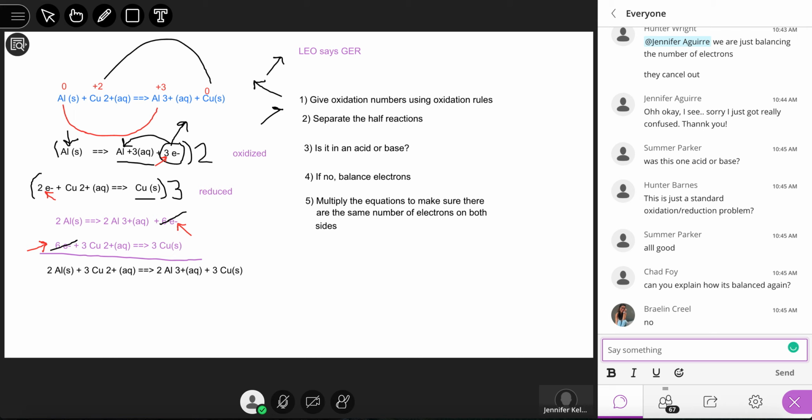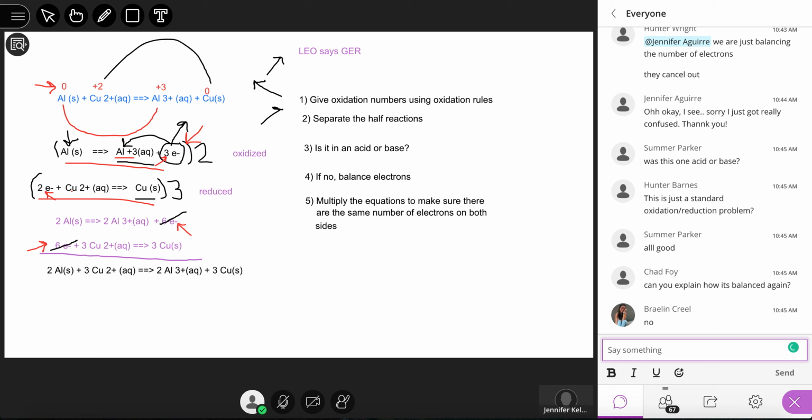Sure. Okay. So how this one's balanced, first you give it oxidation numbers like we did up here. Then you separate it into half reactions like we did here and here. The aluminum was +3, so I had to add 3 negatives, and that would be 3 electrons.